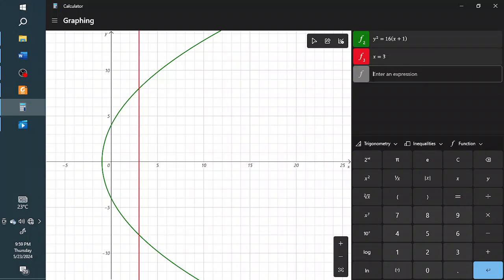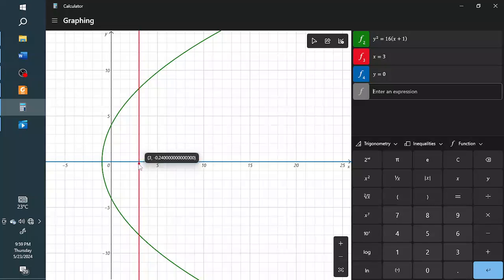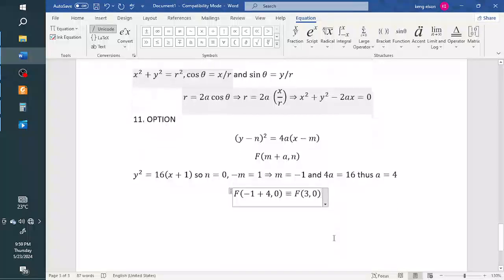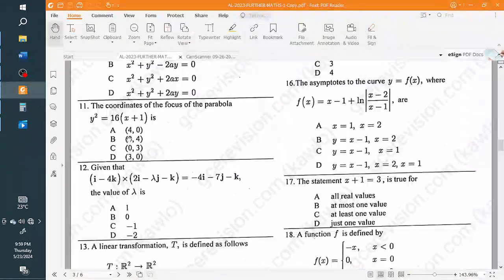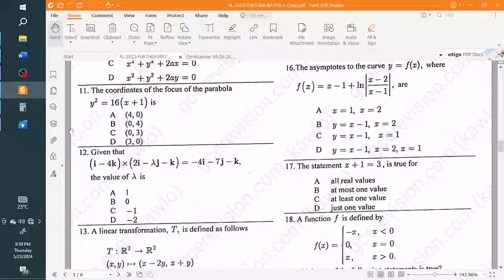X equal to 3, y equal to 0. So basically, this is a point here. This is the focus of the parabola. Alright, let's move on to the next question. So question 11, option 3, 0, option D.